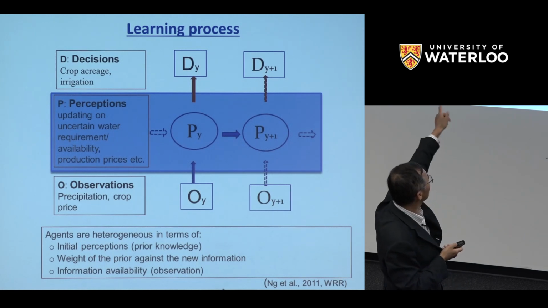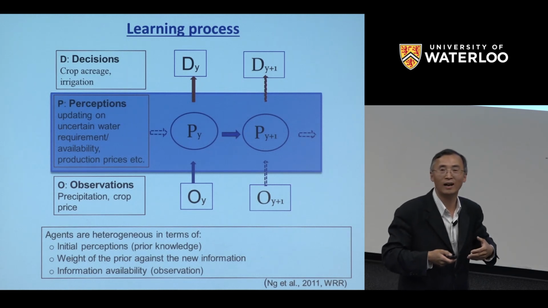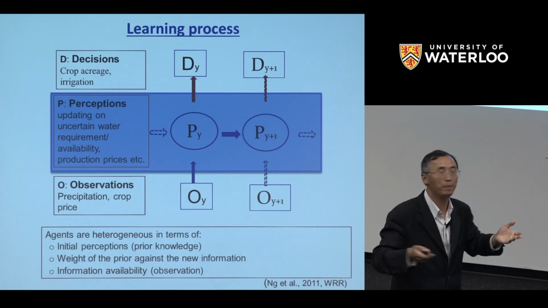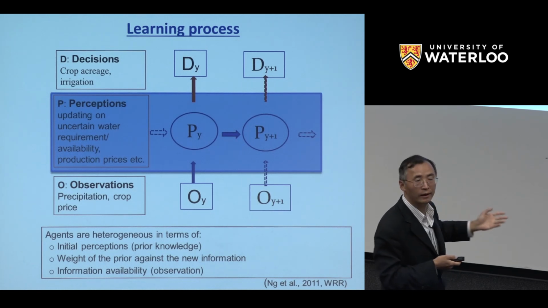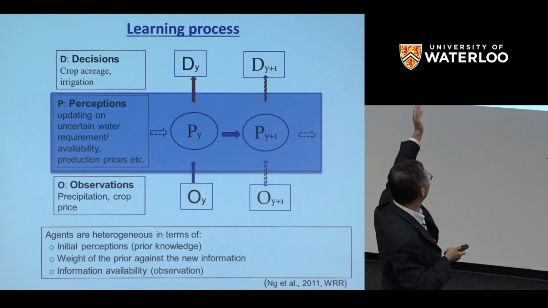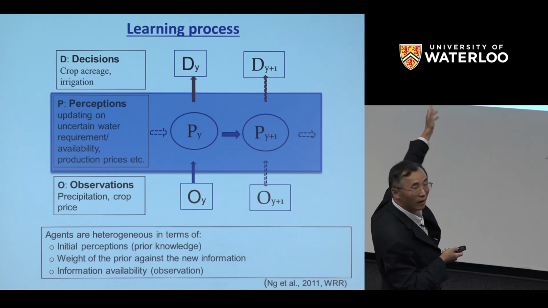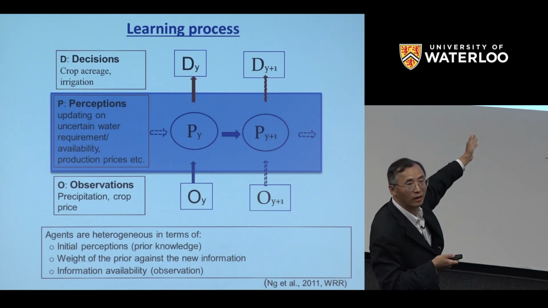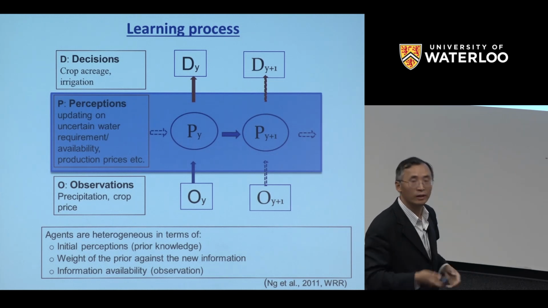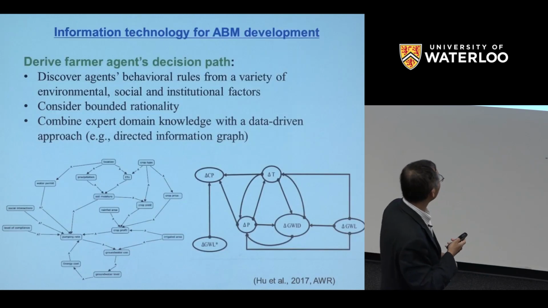In that framework, we assume the agents are smart, they could learn over time, and we implement a Bayesian learning framework. Basically, we assume farmers' decisions will be informed by observations, and their perceptions about the uncertainties in market and in climate will improve over time.